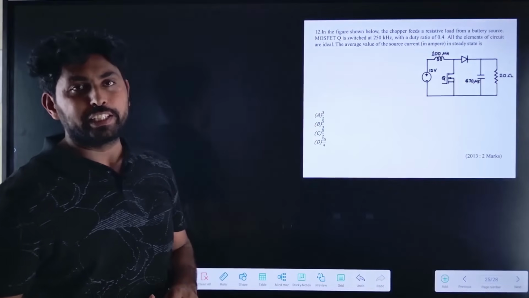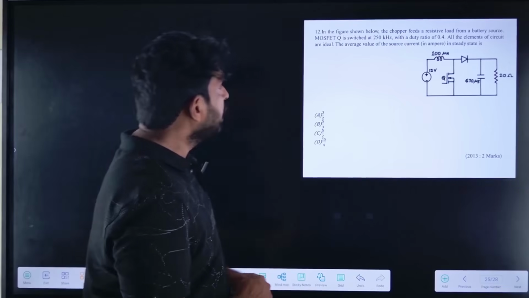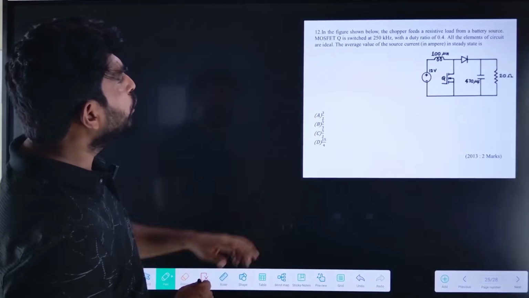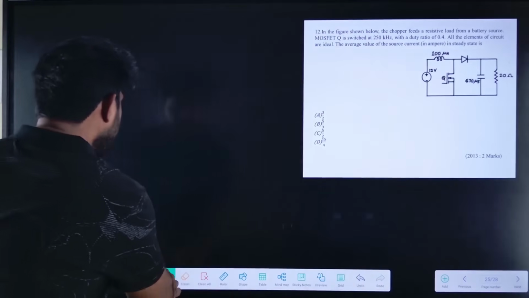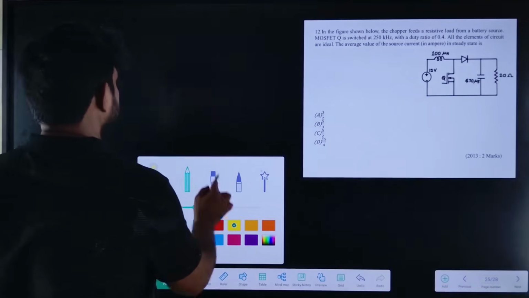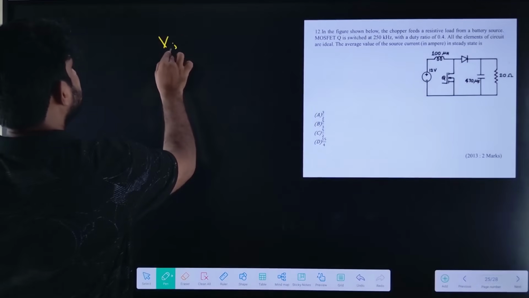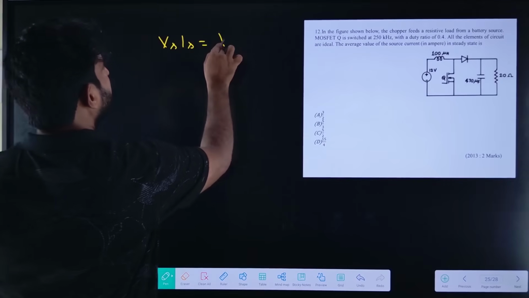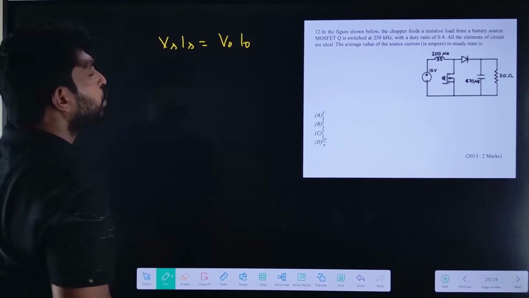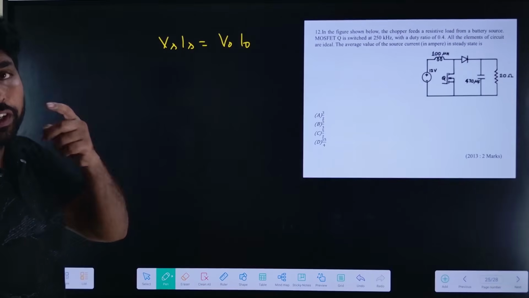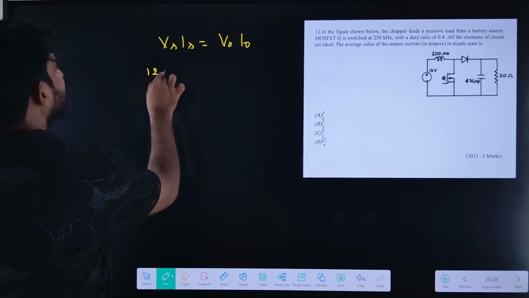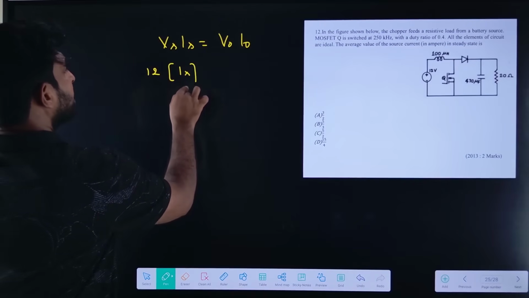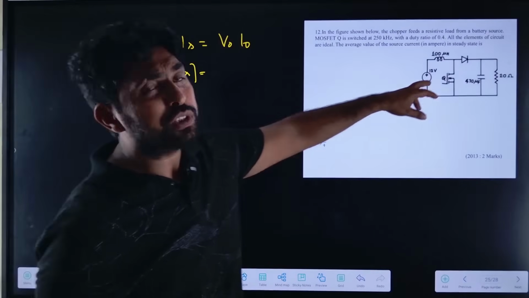Now let us solve the next question. Here, what they have given: we need to find the average value of the source current, which is very easy. Input power equals output power, so Vs into Is equals V naught into I naught. From this, we can find the Is value. Vs is given as 12, into Is. V naught equals, it is a boost converter, right?